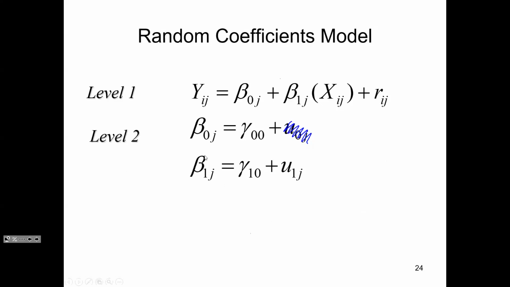Now let's imagine this. What if I take out the U sub 1j? Well, now I don't have randomly varying intercepts or randomly varying slopes, right? Because I'm just saying beta sub naught j is equal to gamma naught naught, and beta sub 1j is equal to gamma 1 naught.